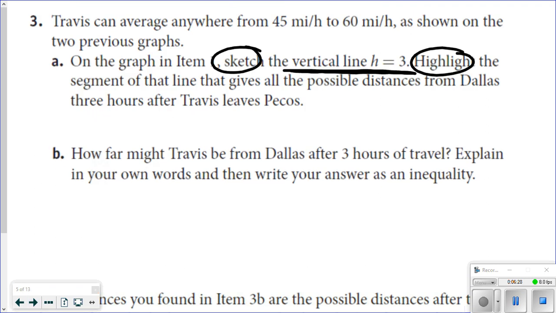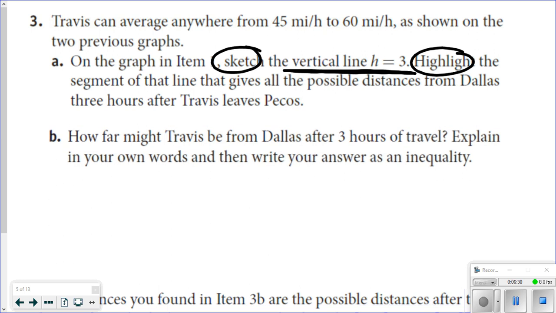Okay, question A is answered. I've graphed it, I've highlighted it. So letter B, how far might Travis be from Dallas after 3 hours of travel? Explain in your own words and write your answer as an inequality.